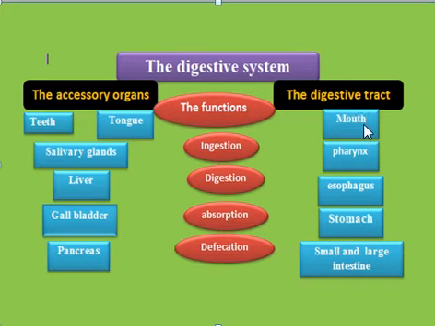It includes the mouth, pharynx, esophagus, stomach, and the small and large intestine. While the accessory organs include teeth, tongue, salivary glands, liver, gallbladder, and pancreas.